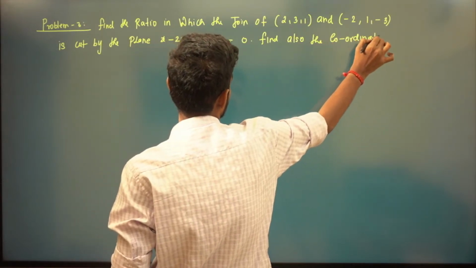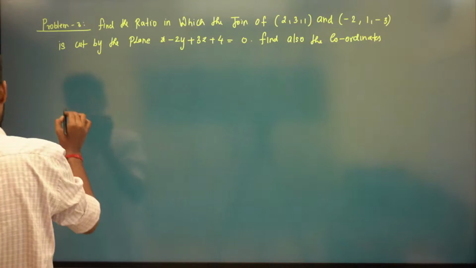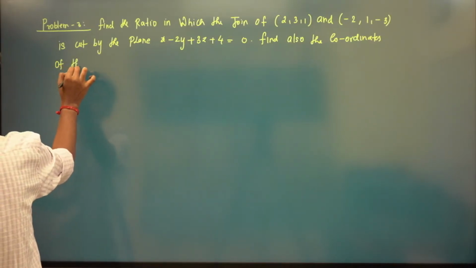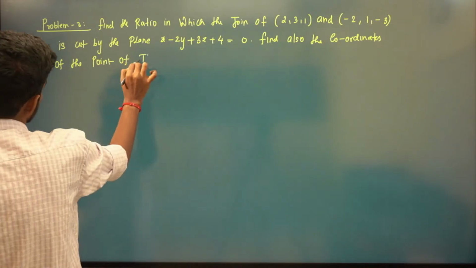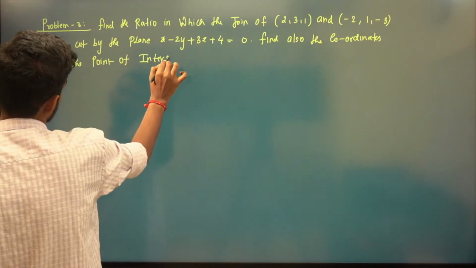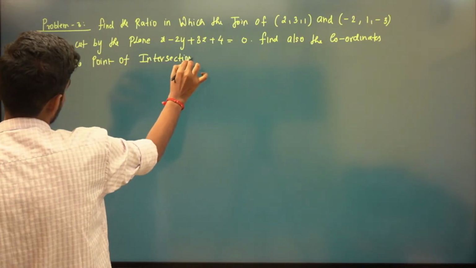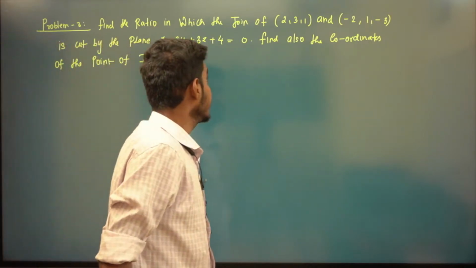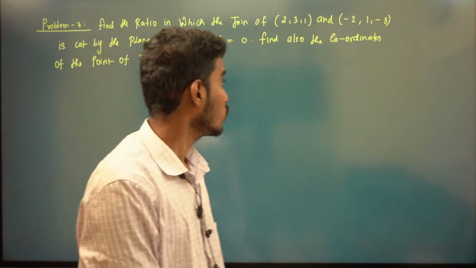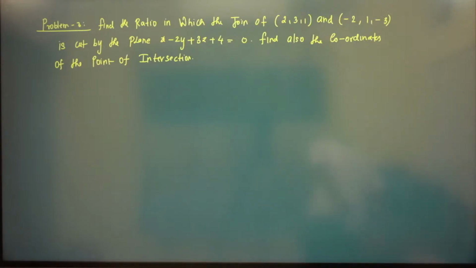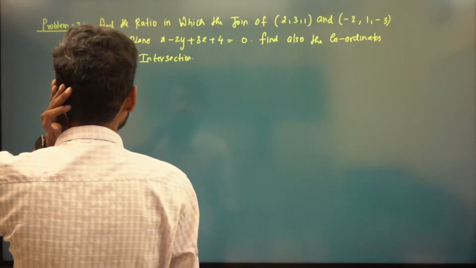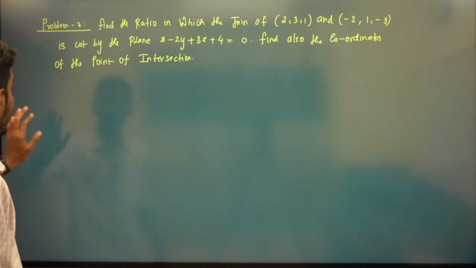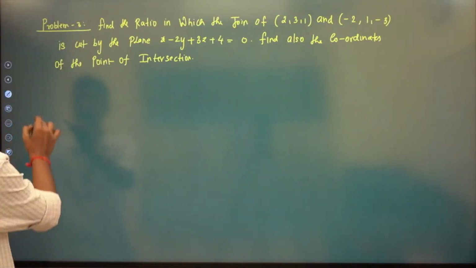Find also the coordinates of the point of intersection. So find the ratio in which the join of (2, 3, 1) and (-2, 1, -3) is cut by the plane. Find also the coordinates of the point of intersection, right? Okay.